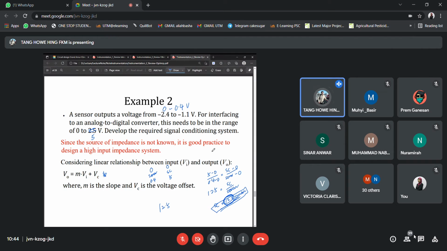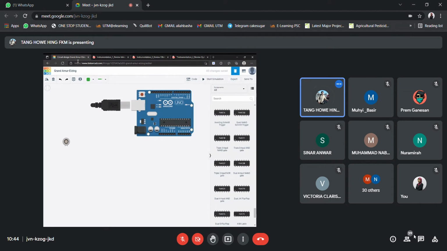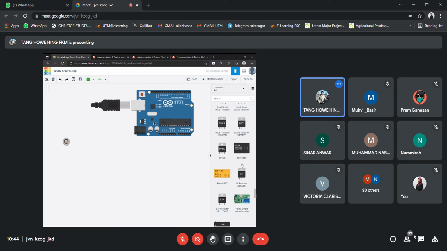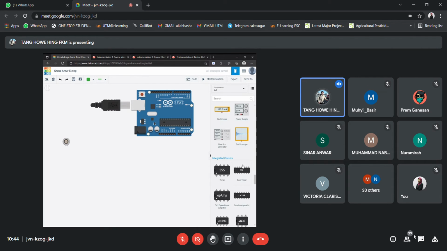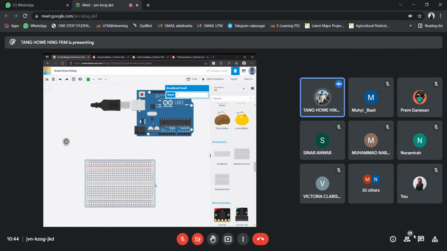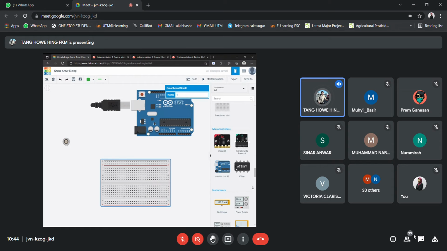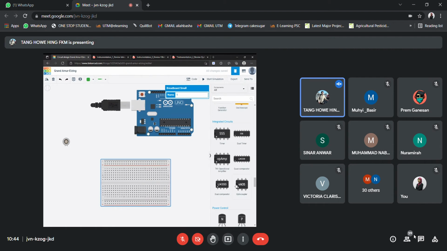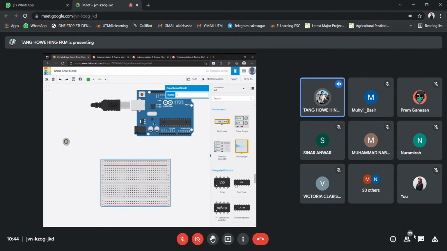Okay. And therefore, in here, I'm going to amplify it using the 741. What I need to do is get a breadboard. So this is the breadboard, and later on I'll get a 741. Where is the 741?